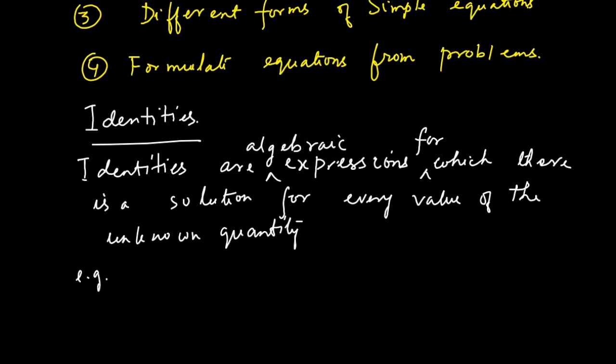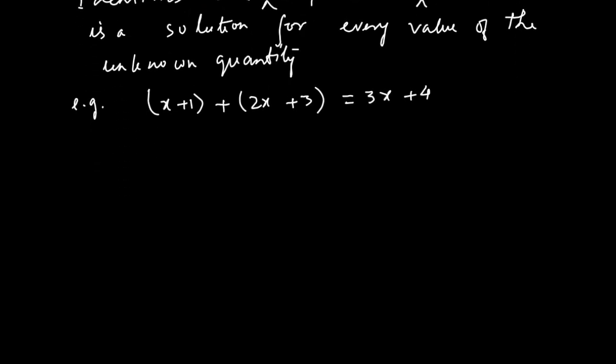For example, x plus 1 plus 2x plus 3 equal to 3x plus 4. So here this part is called the LHS or left hand side, and this part is called the RHS or right hand side, and these two are separated by an equal sign.